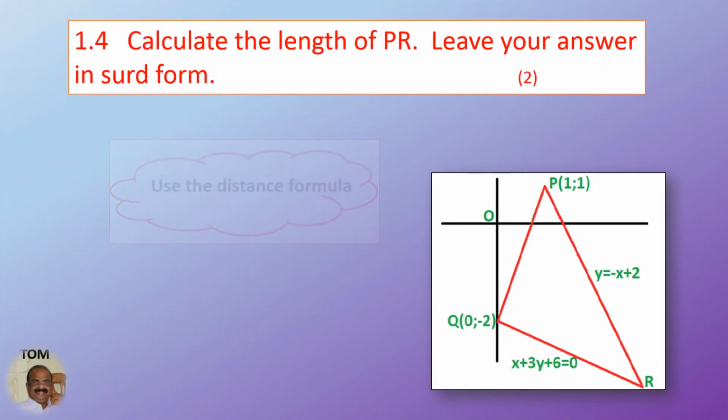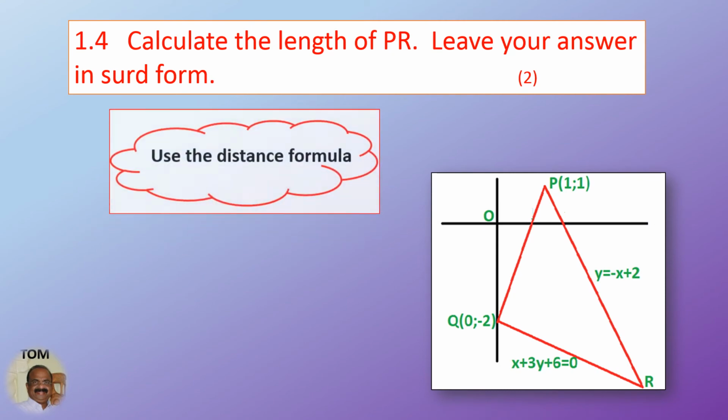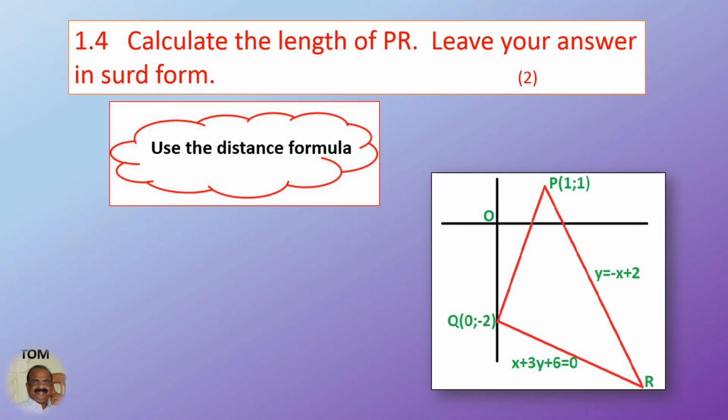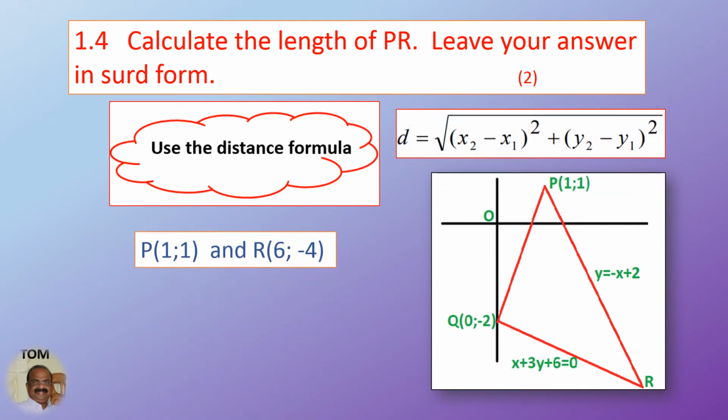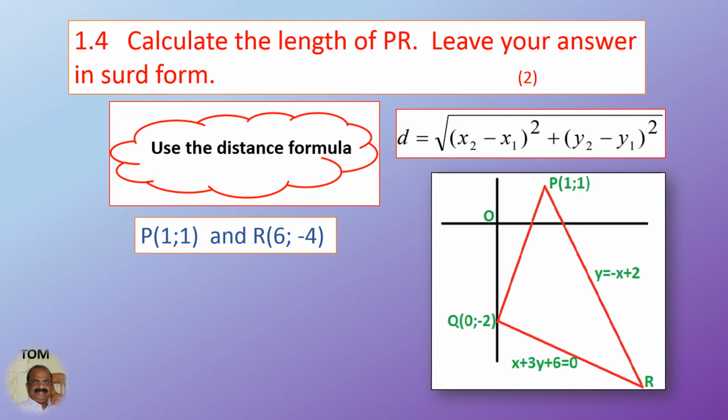Next question, 1.4. Calculate the length of PR. Leave your answer in surd form. Length of PR. Of course, we use the distance formula. We have P (1, 1) and R (6, minus 4) from the previous question.